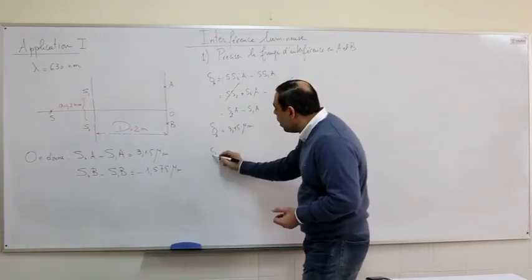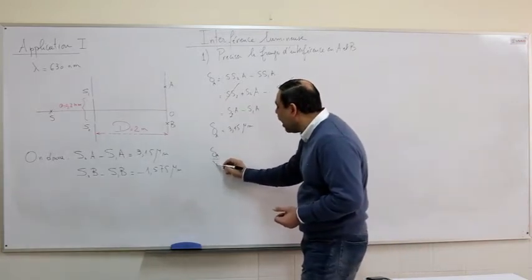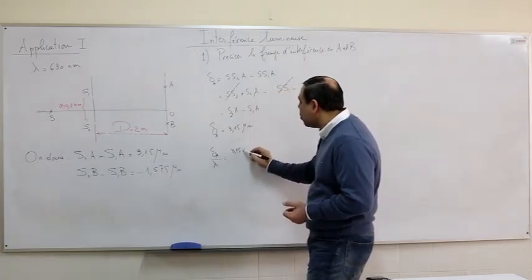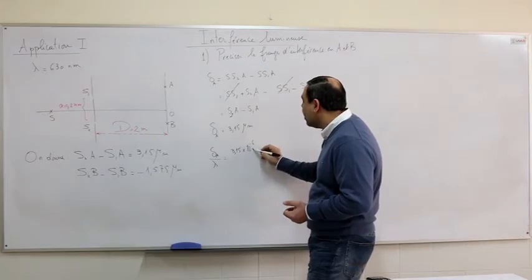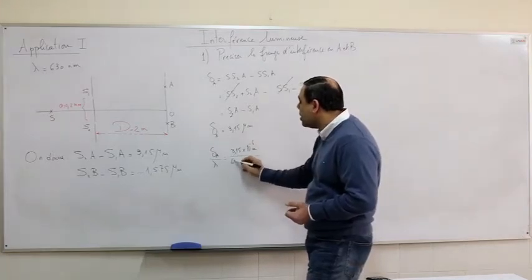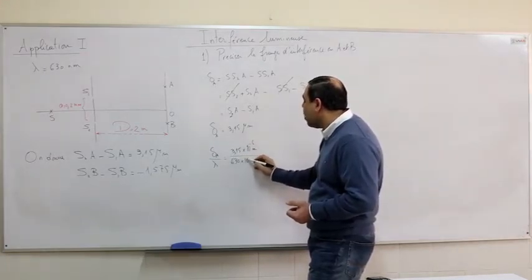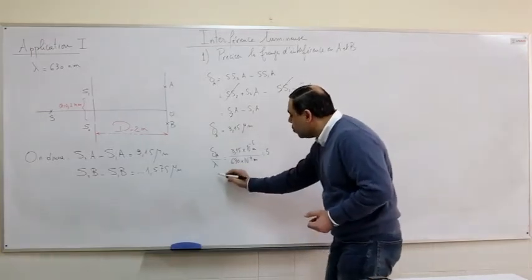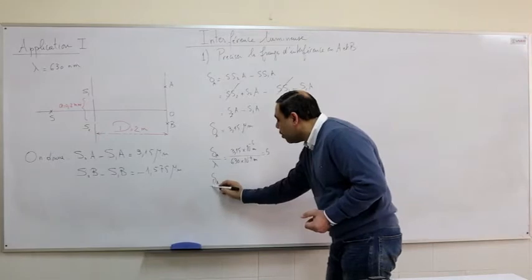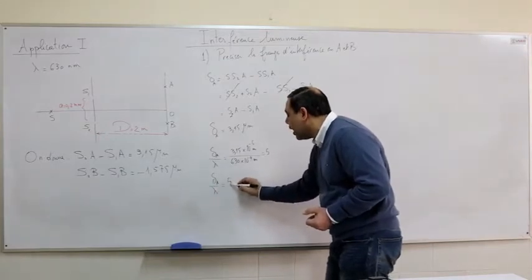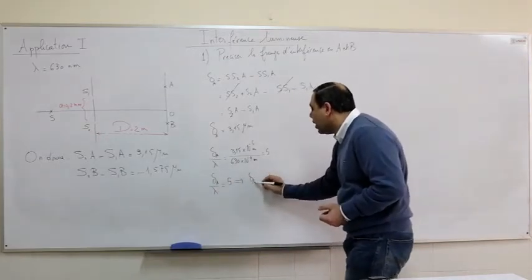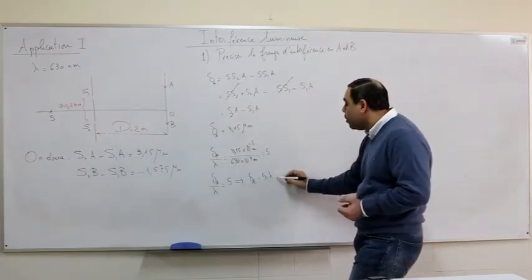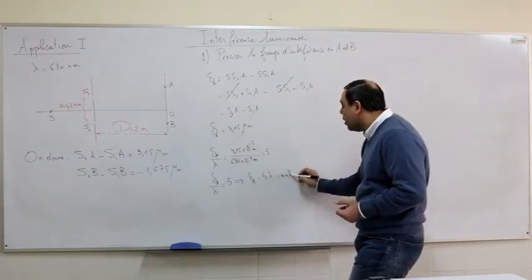So let's divide the optical path difference by lambda. We obtain 3.15 times 10 exponent minus 6 over 630 times 10 exponent minus 9, of course in SI units, and the answer is 5. Delta A over lambda is equal to 5. Then delta A is equal to 5 lambda, which is actually a multiple of lambda.